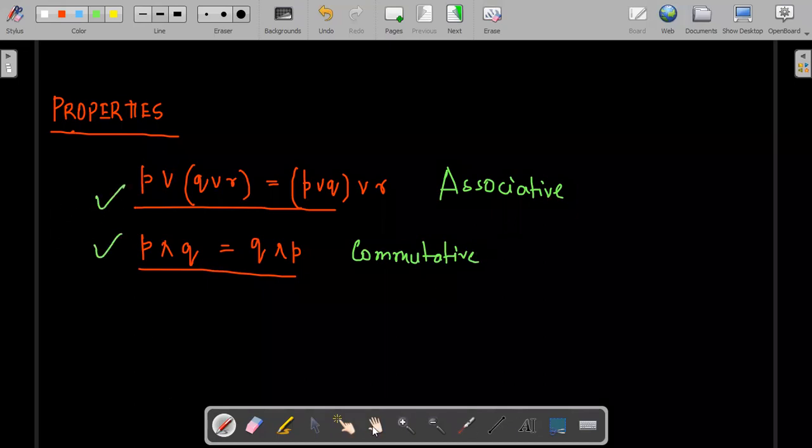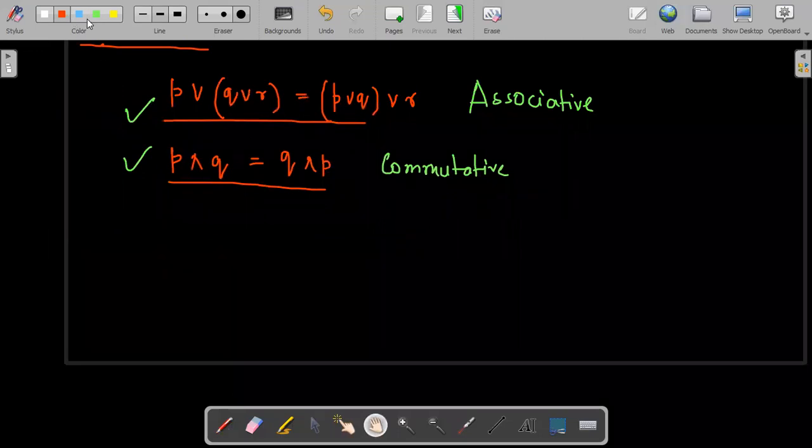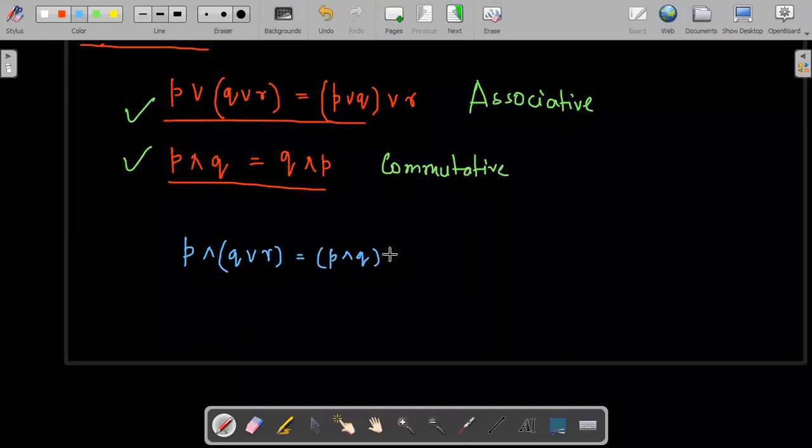Another law is called the distributive law. Sometimes it is very important. Let's say P and (Q or R) is (P and Q) or (P and R). I hope you understand here.